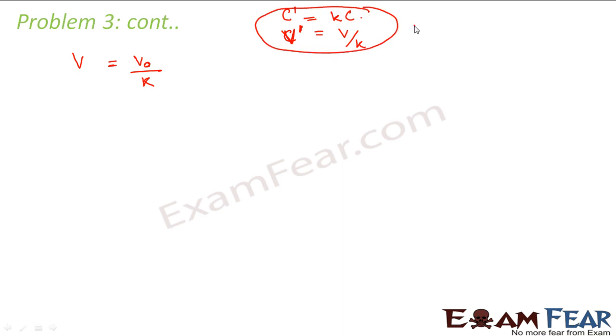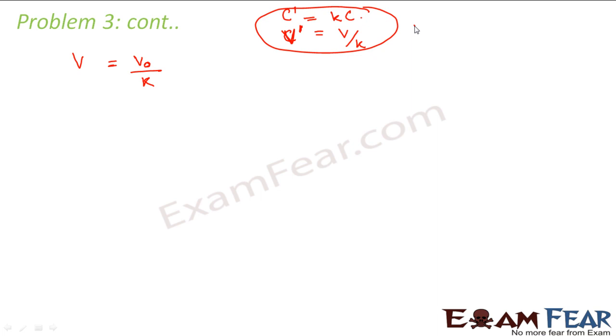Did you understand the difference between the second part and the third part? In the second part, it is first filled with dielectric and then charged, so there is no effect on the potential. But now it is first charged, so the potential difference is established first, and after that you insert a dielectric.